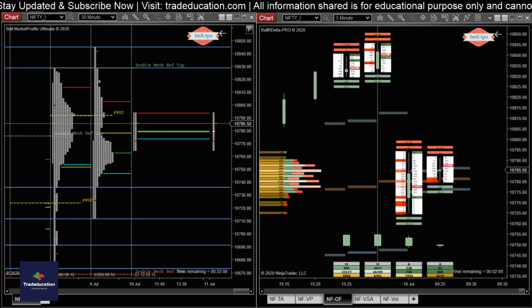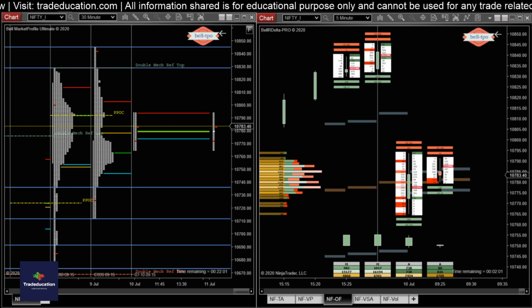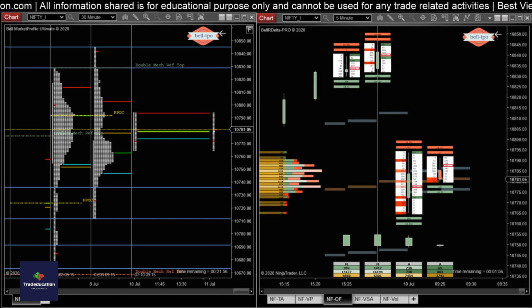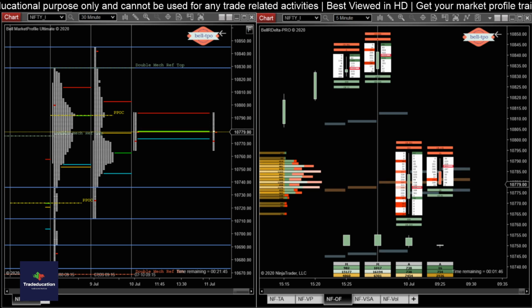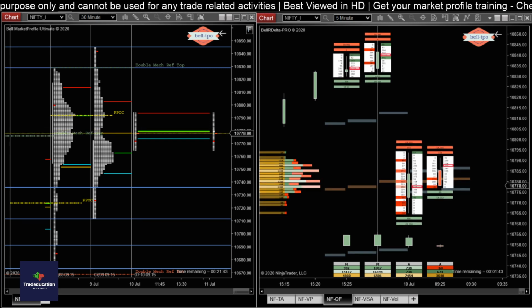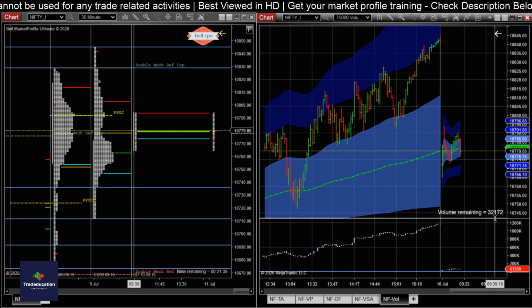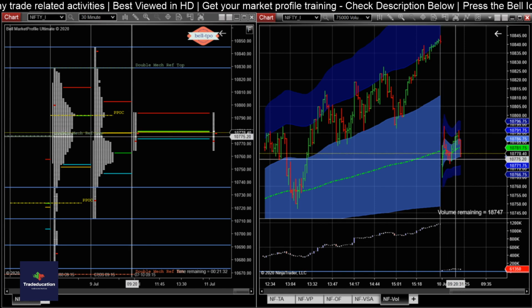But the ball is still in the court of buyers. Okay, so now sellers are stepping in. Let it chop, let it chop. So choppiness action is going on. It is just chopping around the VWAP levels.